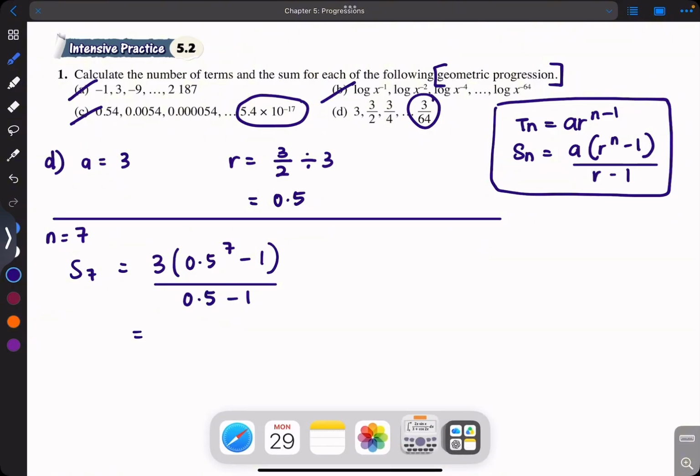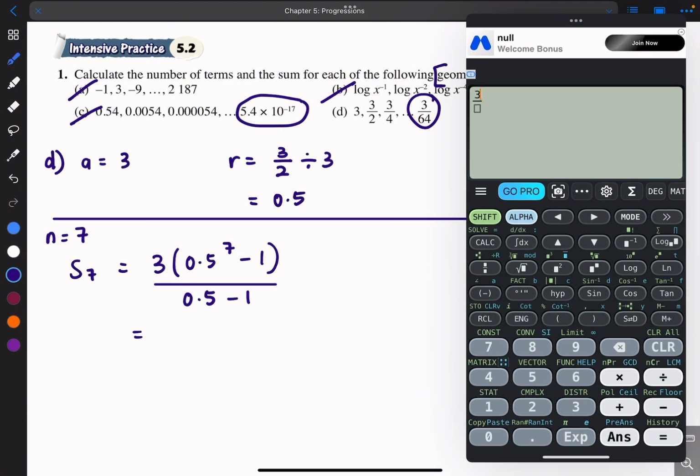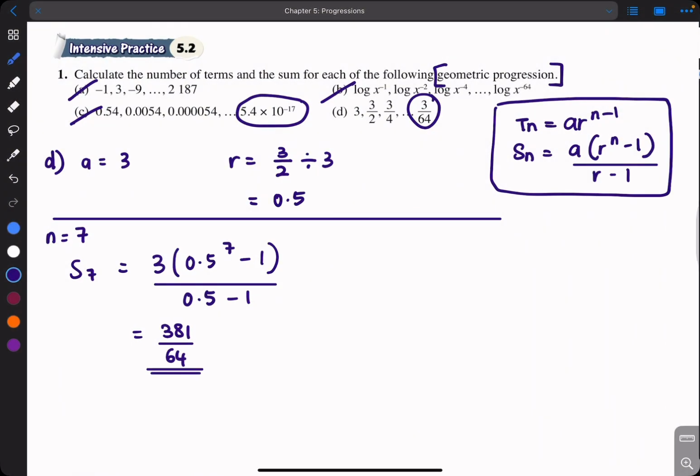So I put all of these in our calculator. 0.5 minus 1. We get 381 over 64. This will be the sum of our first 7 terms. Done. That's it.